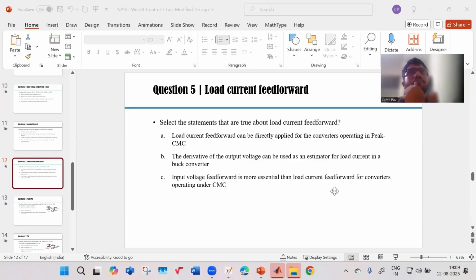C is incorrect. Okay, good, good. So B is correct, C is incorrect. Next.